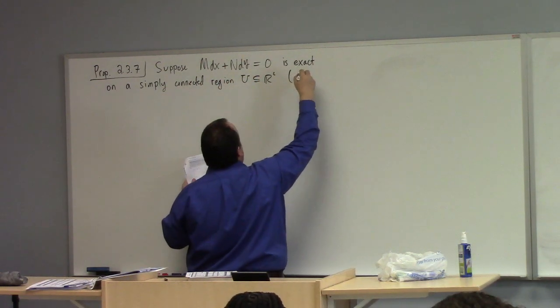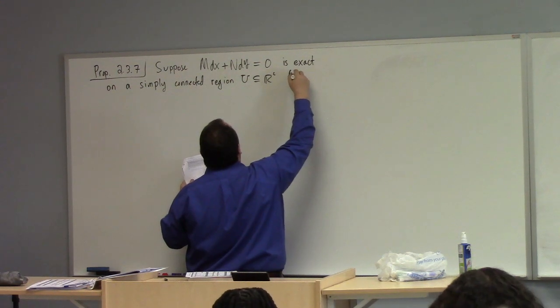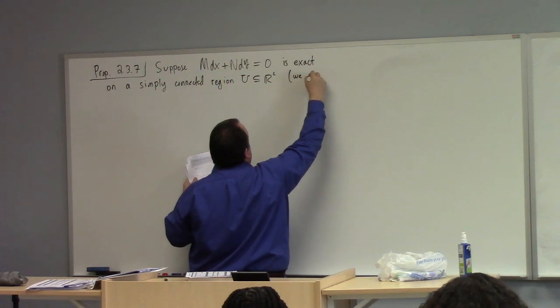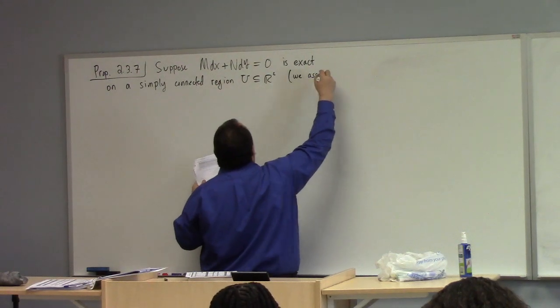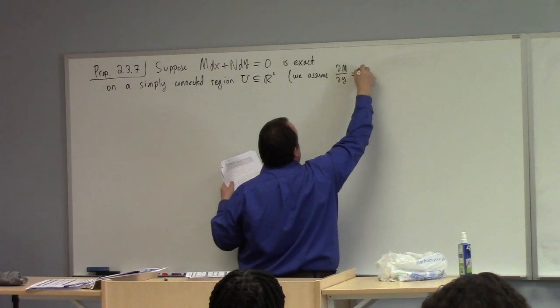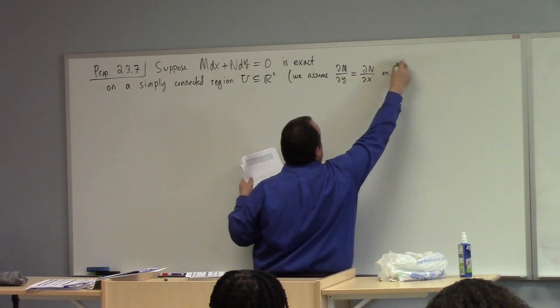For us, that just means at the moment that it satisfies the closed condition. I'll explain better next week why this is reasonable, but let me say it this way: we assume that partial M partial y is equal to partial N partial x on U, all right?